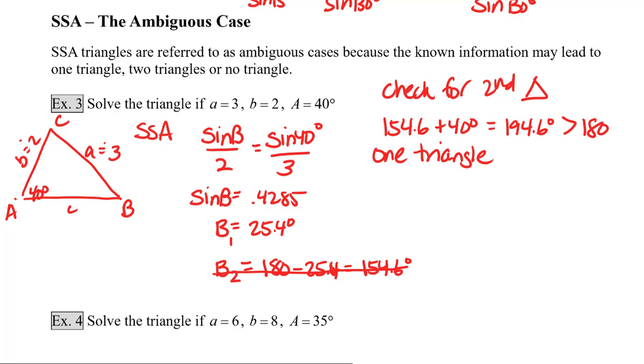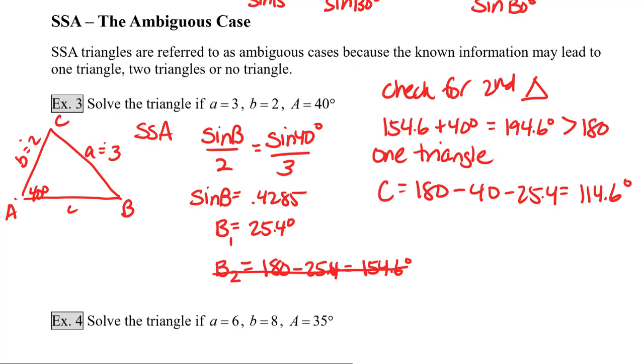So if angle A and angle B are known, I can say that angle C is 180 minus 40 minus 25.4, and I get that angle C is 114.6.